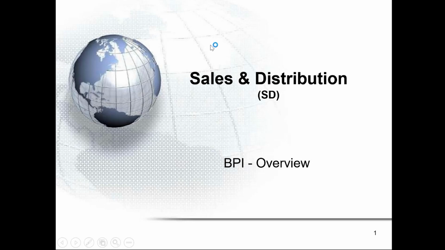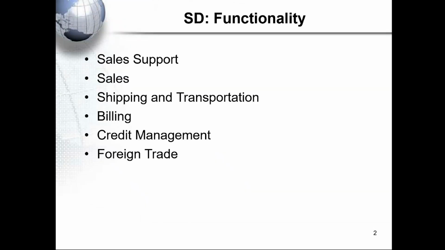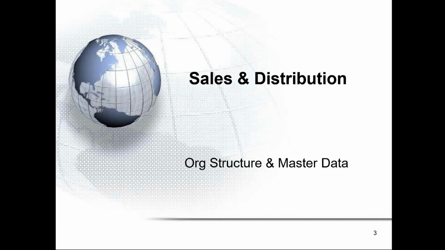In this module, there are two important areas we have to know: the organization structure and master data. Organization structure means the structure of the organization: enterprise structure, department, offices, branch, plant, warehouse, shipping area, and master data about the customer, the product, and the price.